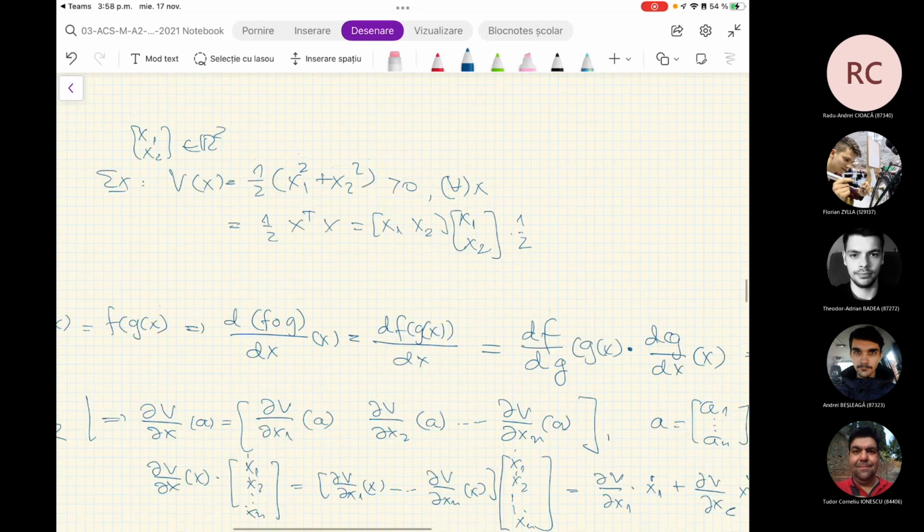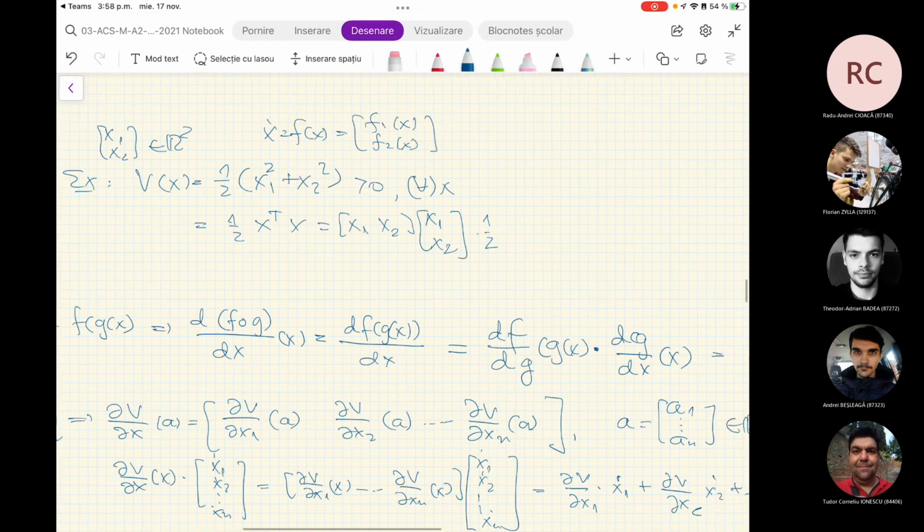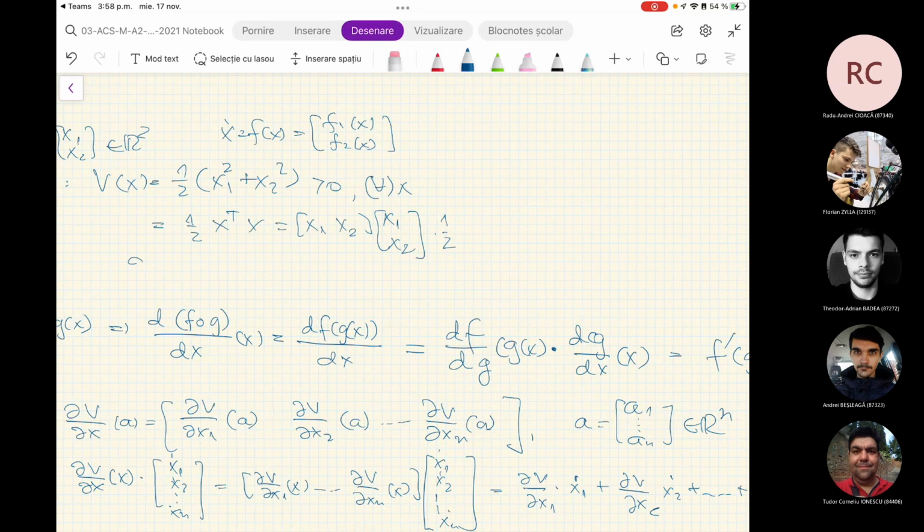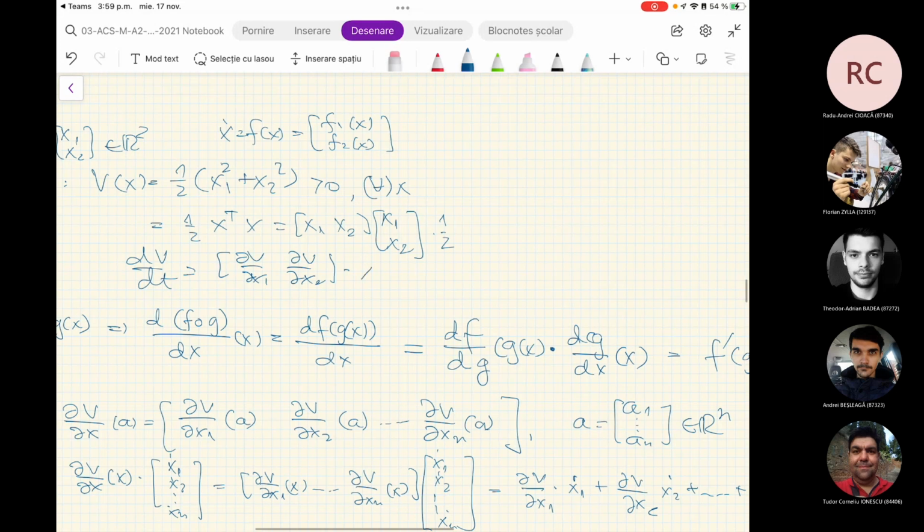And you have that x dot is f(x), which is f1(x), f2(x). So dV/dt is dV/dx1, dV/dx2 times x dot.